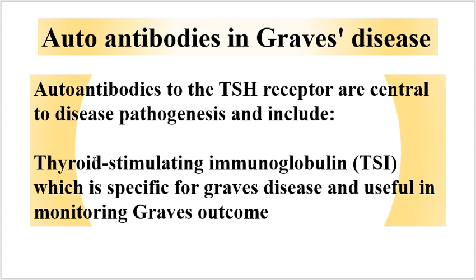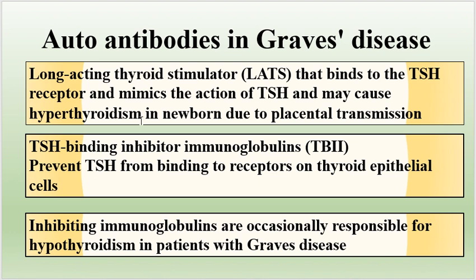However, in this lecture, I'm going to focus on autoantibodies to TSH receptors, as they are central to disease pathogenesis, and these include thyroid stimulating immunoglobulin or TSI, which is specific for Graves' disease and useful in monitoring Graves' outcome, and also long-acting thyroid stimulator or LATS.